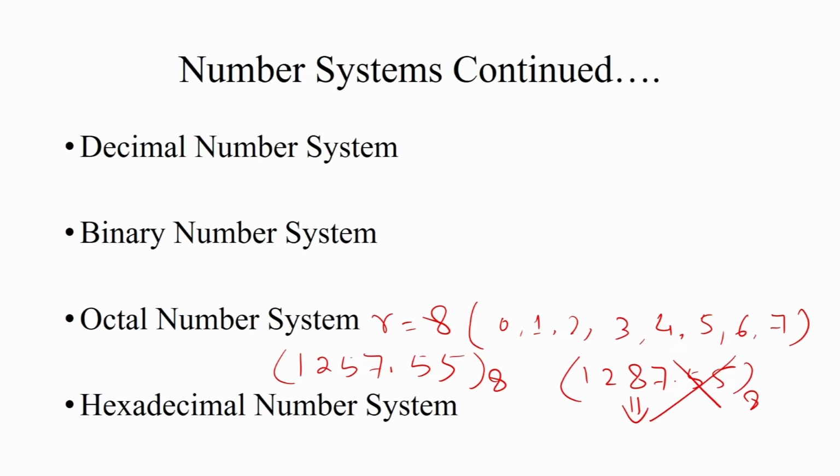Another category of number system is the hexadecimal number system. The hexadecimal number system is named after the value of R, meaning the value of the base, that is 16.